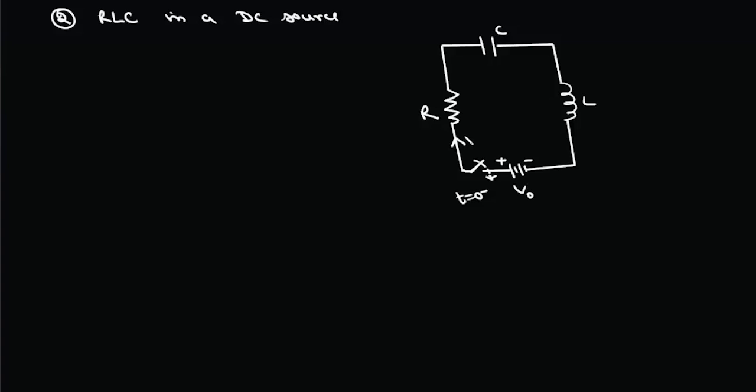Using Kirchhoff's law, we can write L di/dt plus Ri plus Q/C, and this is equal to V0. Now we differentiate this.